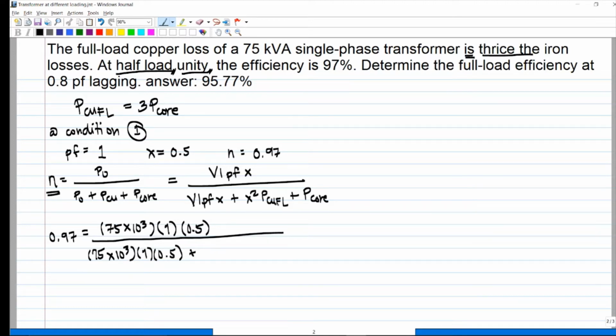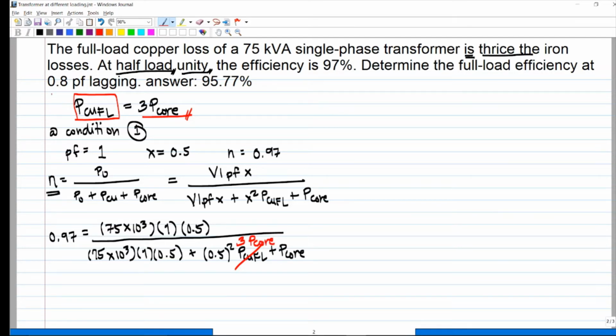Plus, para naman dito sa copper loss natin, that is X squared plus PCUFL. So, ang X natin is half, 0.5 squared. Hindi pa sinabi kung ano ang full load copper loss at kung ano din naman ang core loss. Pero, using the first sentence, malalaman natin that the full load copper loss is 3 beses ng P core. So, we can change this PCUFL as 3 times ng P core.